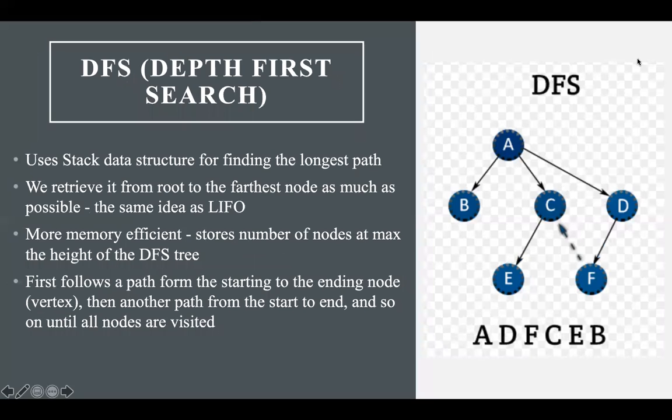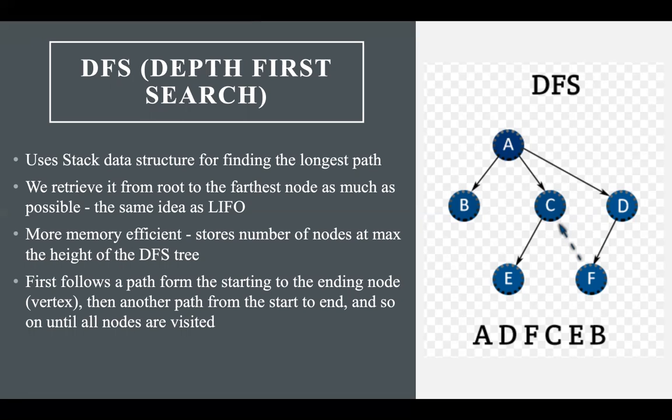Let's look at DFS search. DFS search uses the stack data structure to find the longest path. We travel from the root to the furthest node as much as possible. So it will be the same as last in, first out, the same as stack.